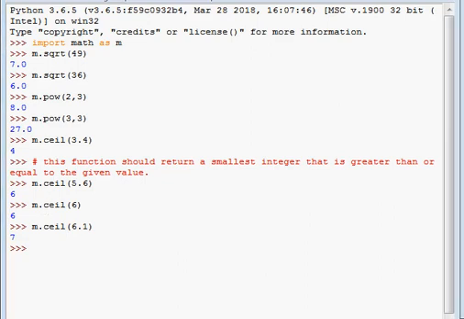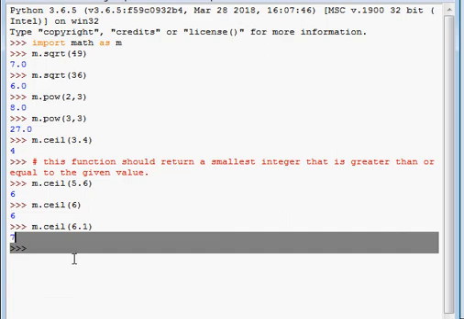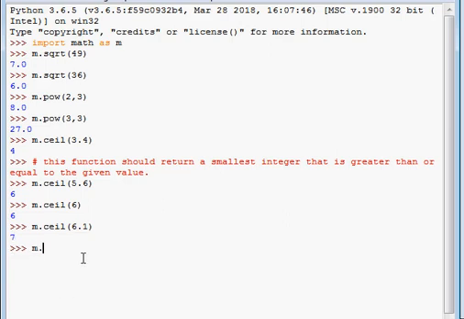Next example of our function is sine function. So if you want to find the sine of any value in radians, you should write here m dot sin, and if I say 3 here, then it is giving you this answer, and this answer is in radians.